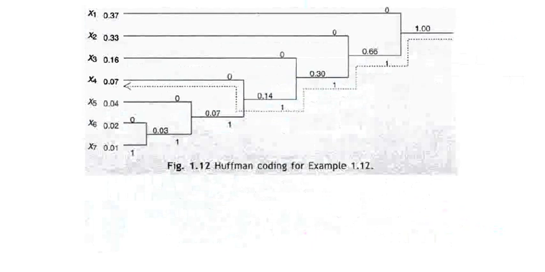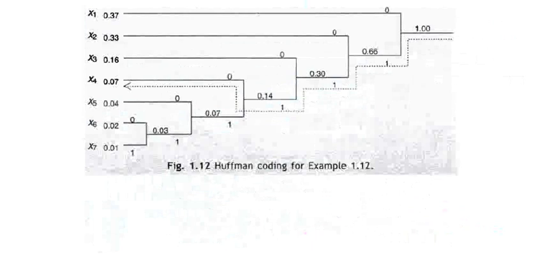Out of these two symbols, 0.04 is the greater one, so symbol x5 with 0.04 is assigned 0 and 0.03 is assigned binary 1. Now the new probability is 0.07, and that will be combined with the next least probable, that is 0.07.